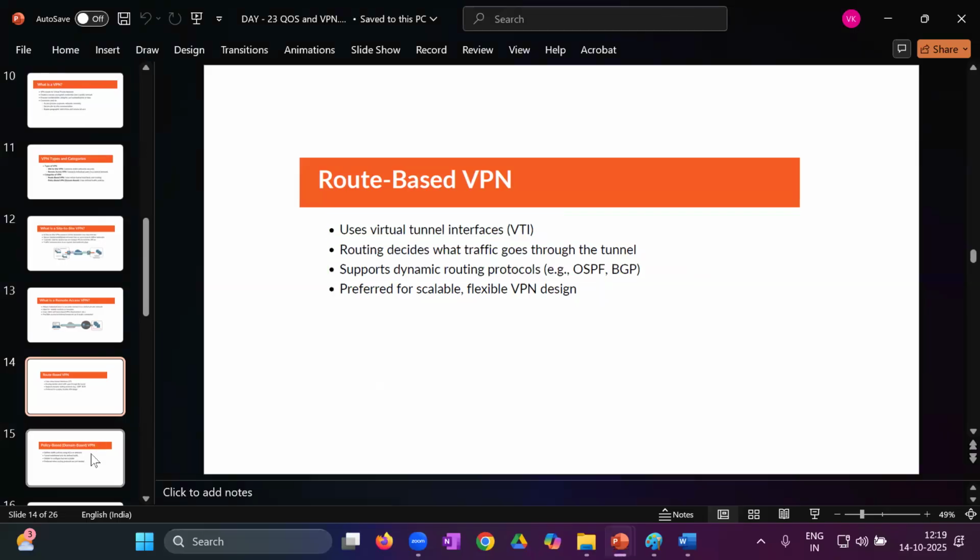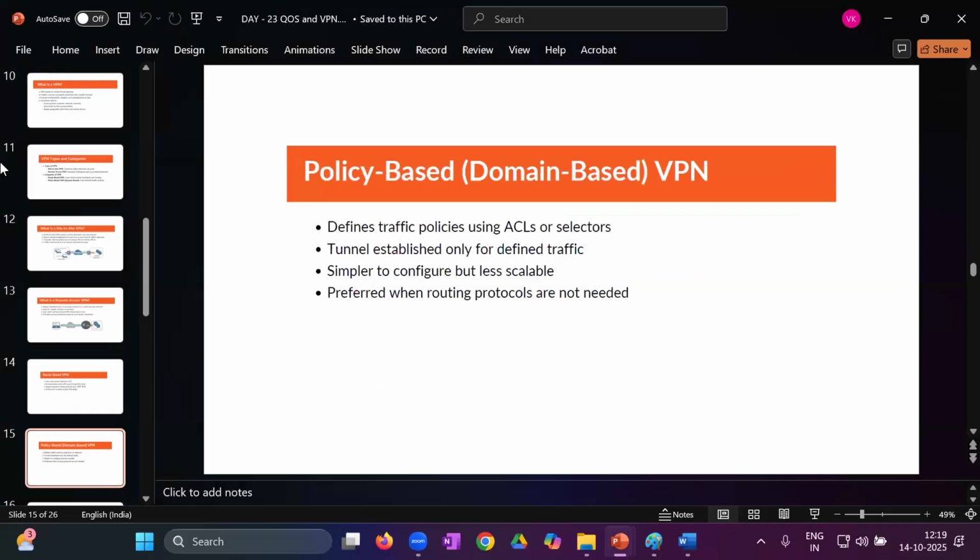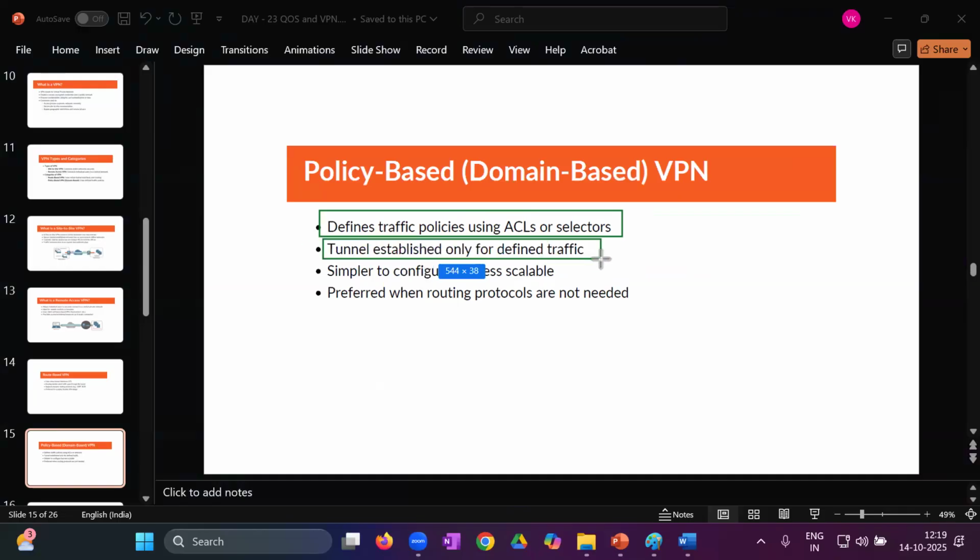Then we have policy-based VPN. It defines the traffic policies using ACLs, access control lists. When you are going to create a policy, the tunnel is established only for defined traffic, which means we have all the traffic, but all the traffic will not be transmitted.